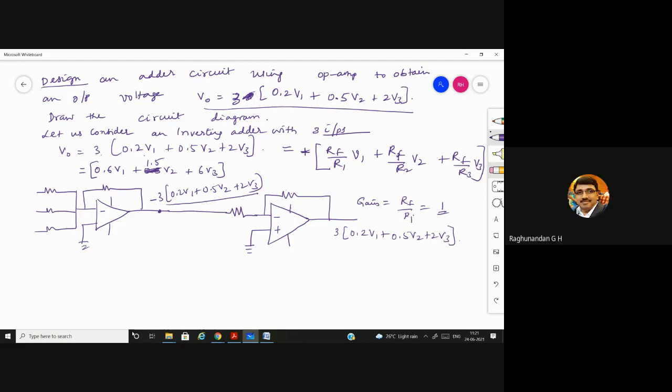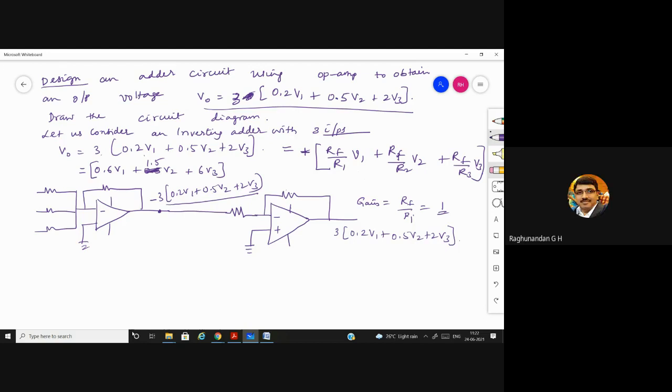Like in the first problem, we passed a negative voltage, right, sir? Likewise, we can do it also in this problem, right, sir? Yeah, negative signal is possible. Got your question.